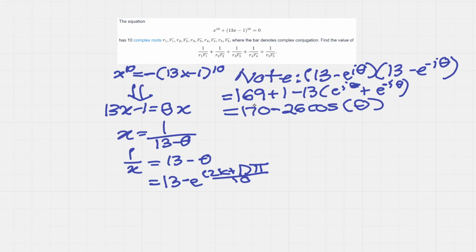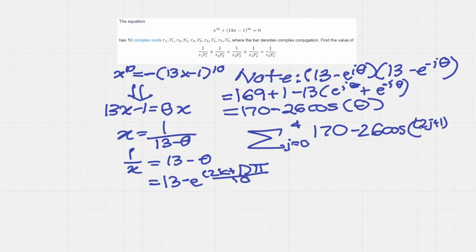Now, what does this mean? If we actually consider our solution, what do we really want? It's that summation, and we're finally ready to build it. So our summation, based on what we just did here, has theta equal to (2j plus 1) times pi, all divided by 10. Great.